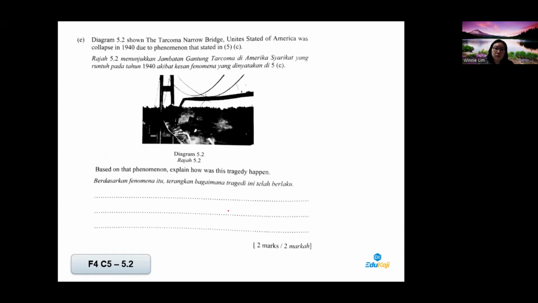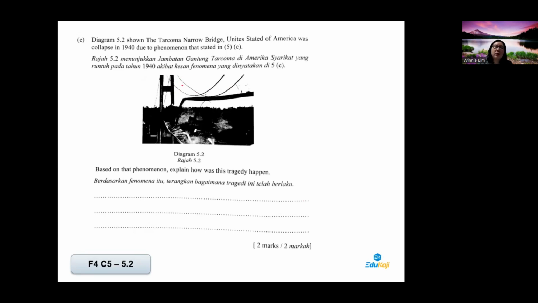Diagram 5.2 shows the Tacoma Bridge, United States of America, which collapsed in 1940 due to the phenomenon stated in 5C. Based on the phenomenon, explain how this tragedy happened. So basically, what happened during that time is there was a strong wind blowing on the bridge.